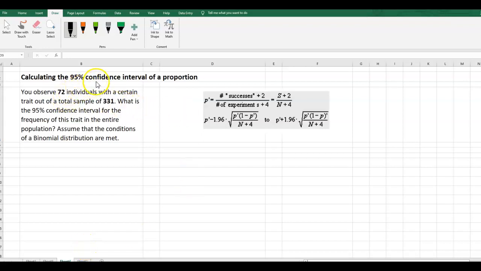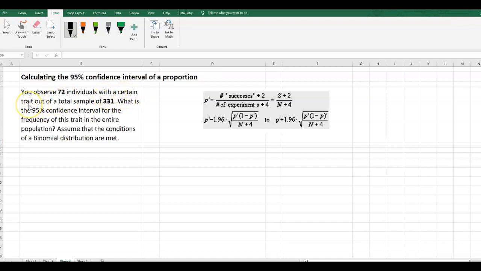Here we want to calculate the 95% confidence interval of a proportion. And this proportion is actually a count of data, but put into relationship with a total number. So here's an example. For example, we have 72 individuals, maybe butterflies or something like that, with a certain trait.